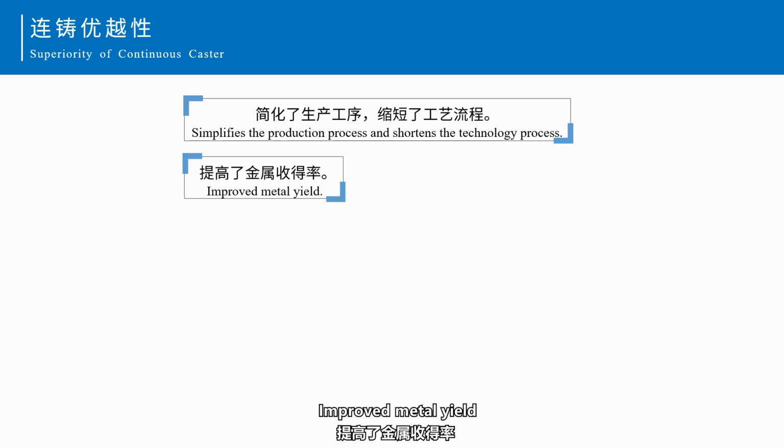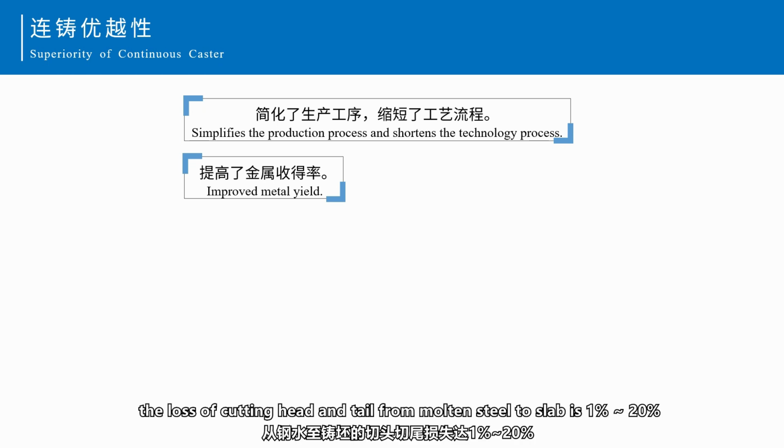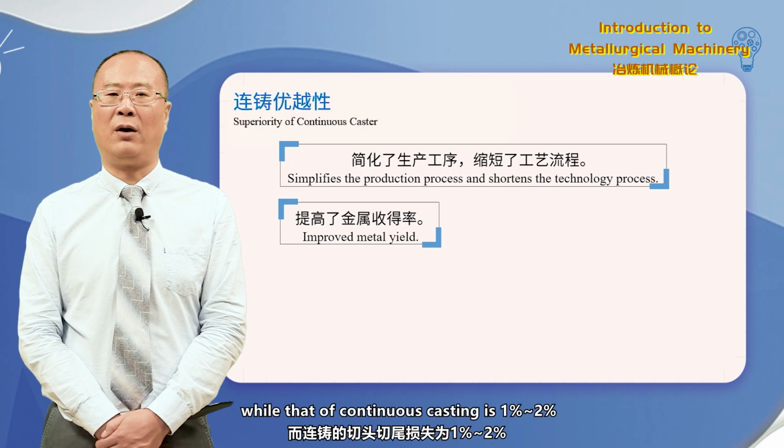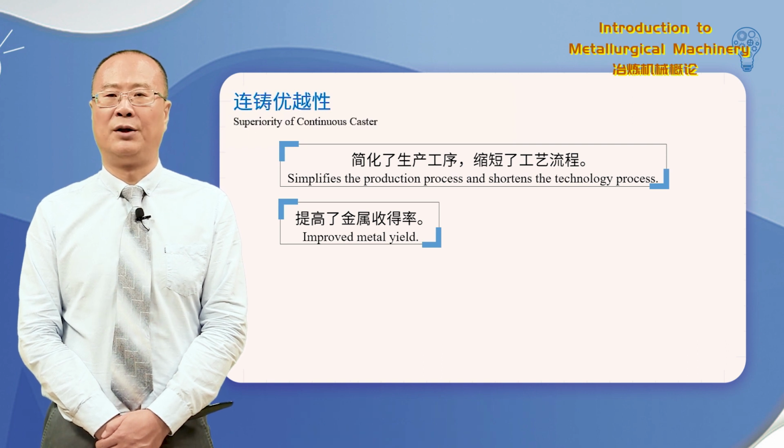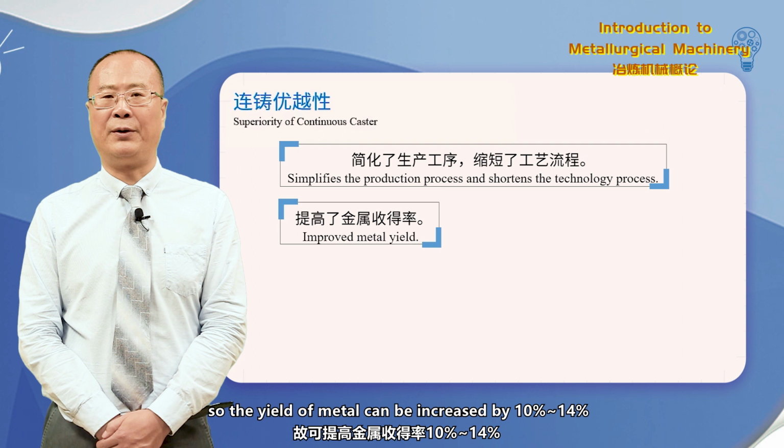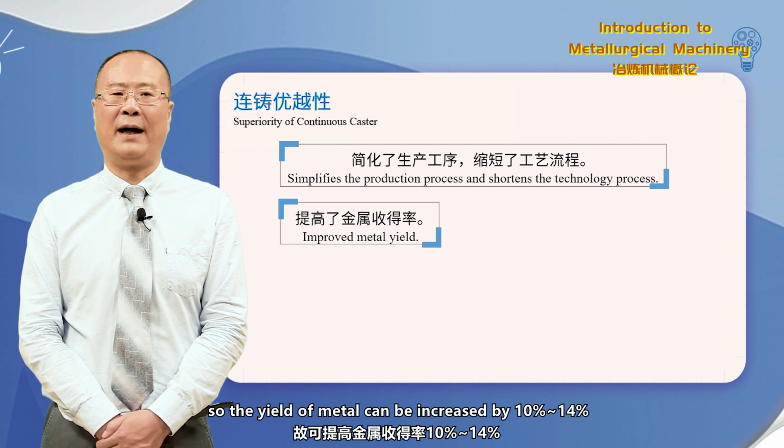Second, improved metal yield. By using the die casting process, the loss of cutting head and tail from the molten steel to slab is 10% to 20%, while that of continuous casting is 1% to 2%. So, the yield of metal can be increased by 10% to 14%.